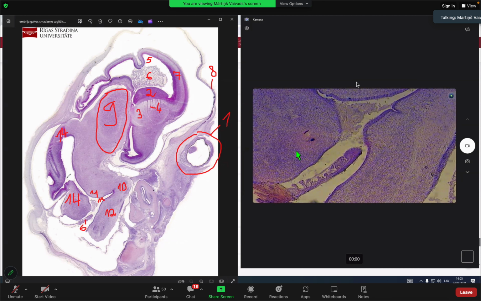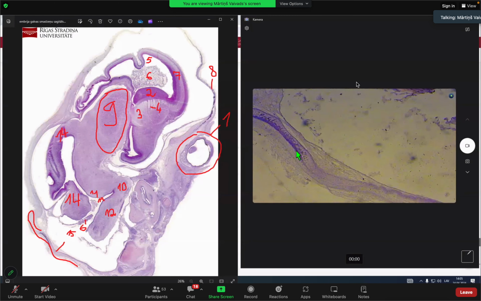Two more structures left, or 3 to be exact. Here you see there's a plate of cartilage. This plate with number 15 is visible also on the microscope.